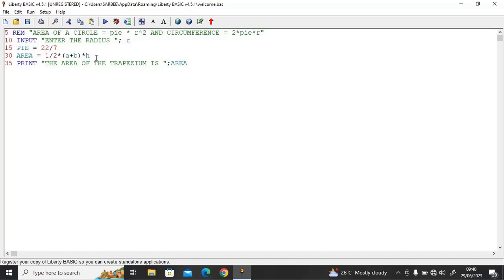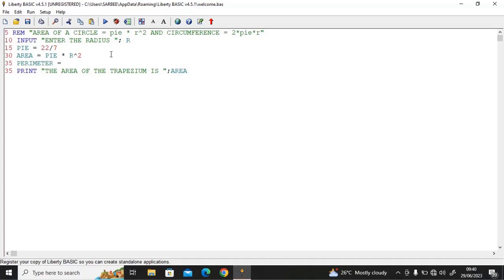So now the area is going to be pi times r, radius, small r, squared. So let me change this one to r, big R. Then the perimeter now, 35 perimeter, is equal to 2 pi r.